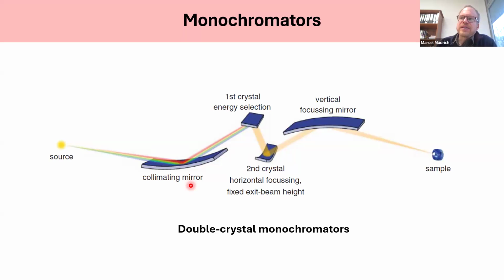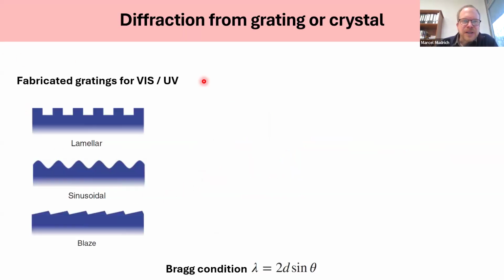So the groove size also has to be very, very small. The distance between grooves, the grating constant, has to be on the order of the wavelength. So angstrom, a few angstroms. And now comes the question: how can you make one? In the visible or UV, you have probably seen these various types of gratings that can be used for diffracting light.